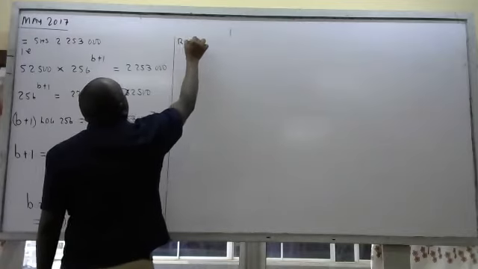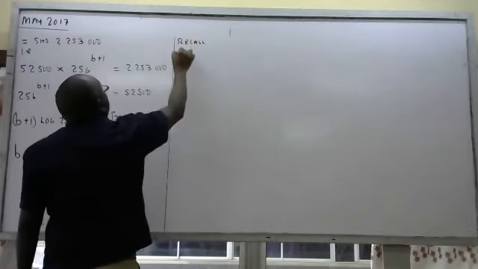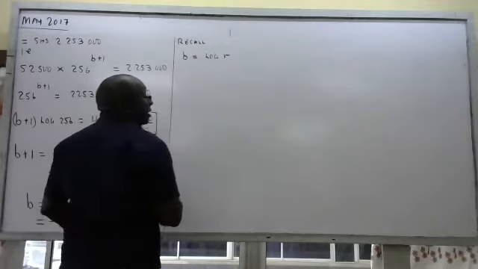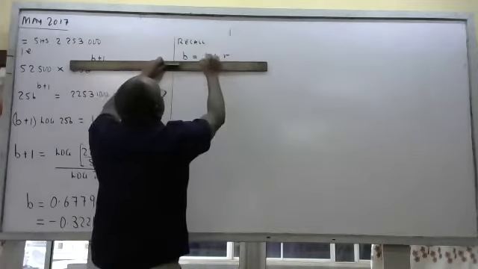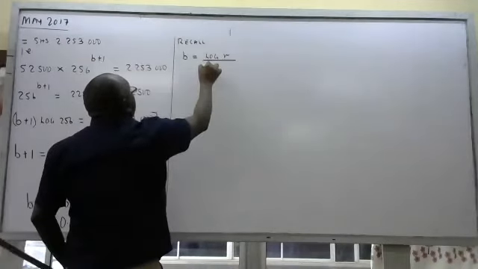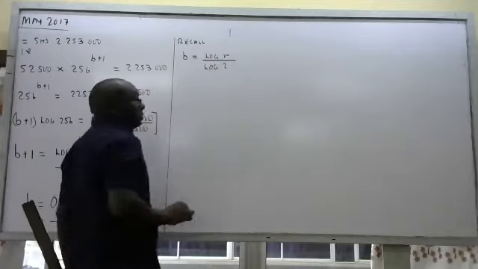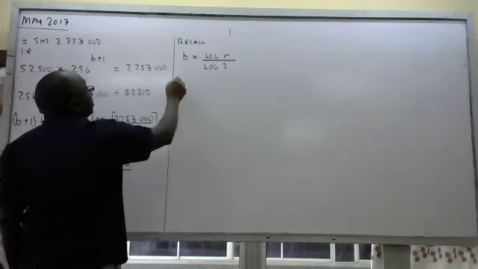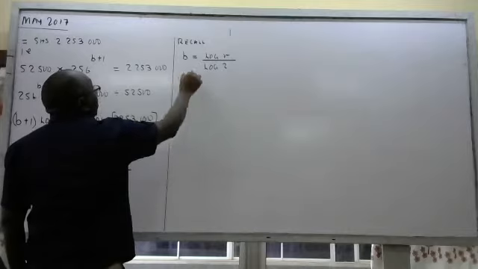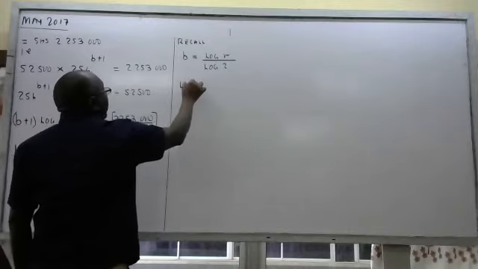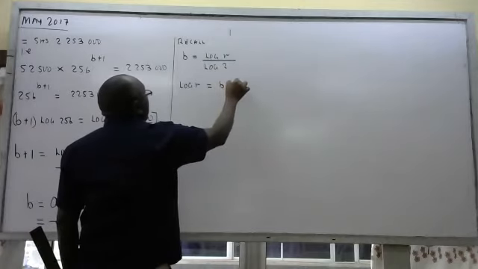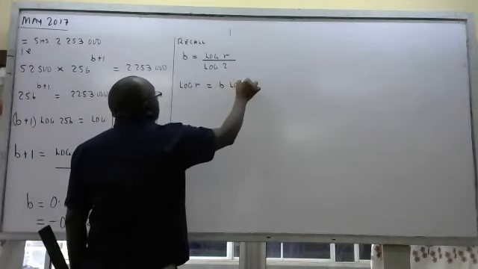Recall where B is given as the log of R divided by the log of 2. Remember, we are looking for R. So if I want to be left with the log of R on this side, then this will be B log of 2.